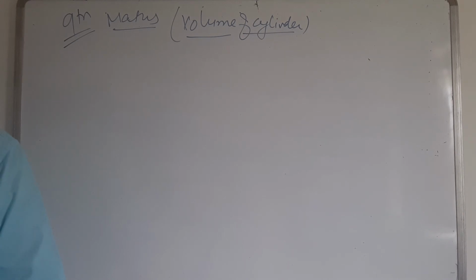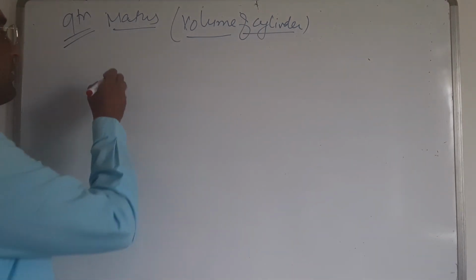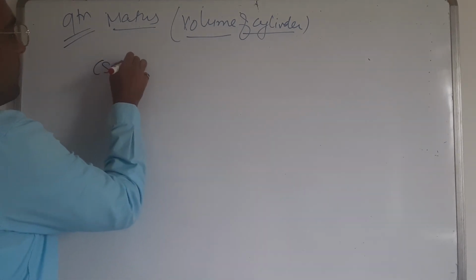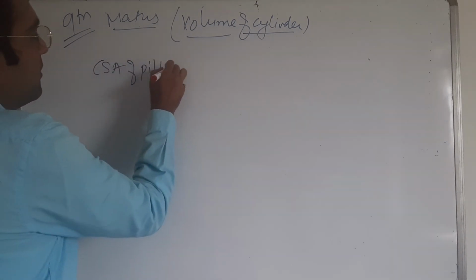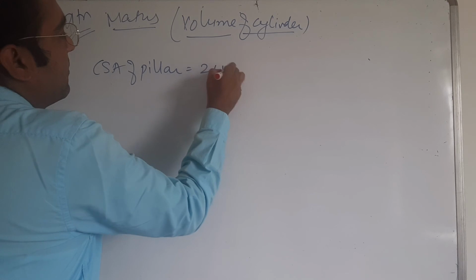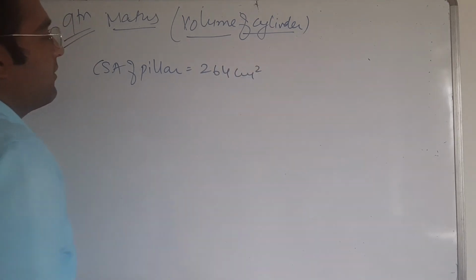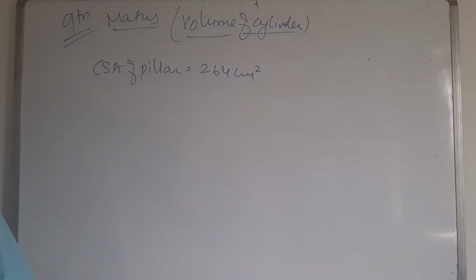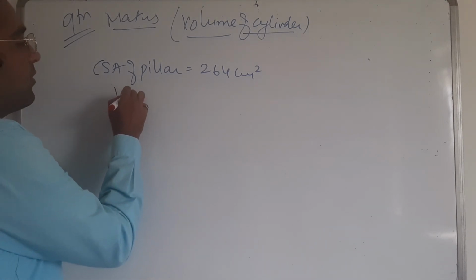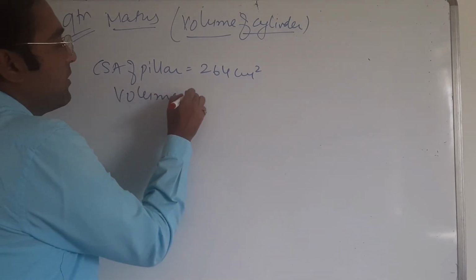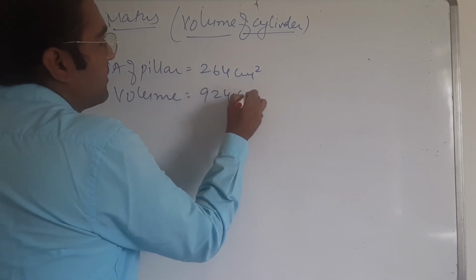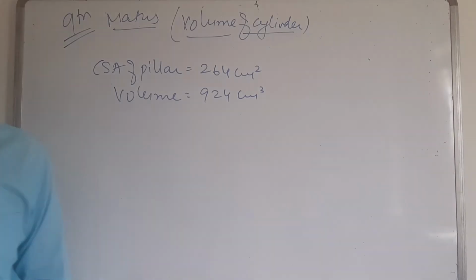The CSA of the pillar is 264 centimeter square, and the volume is 924 centimeter cube.